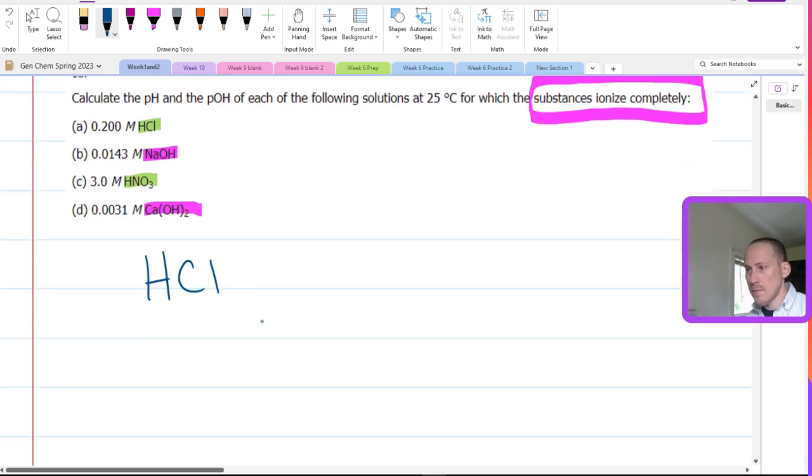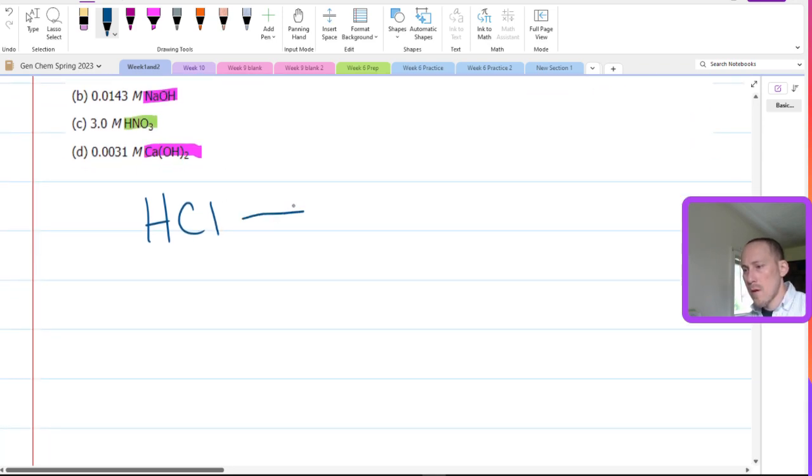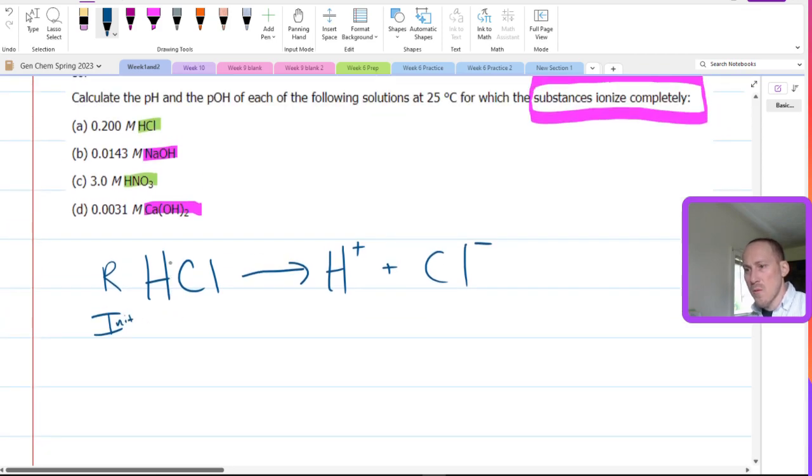So when HCl goes into solution, it becomes H plus and Cl minus. And that's our reaction. In our initial HCl, they're telling us that we have 2 molar. And our initial concentration of hydronium and chloride are 0.